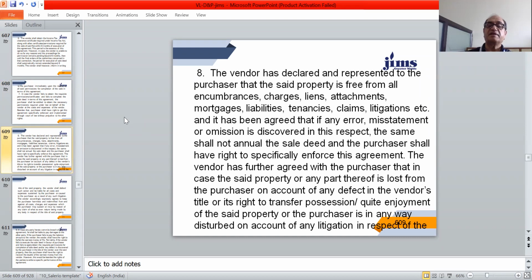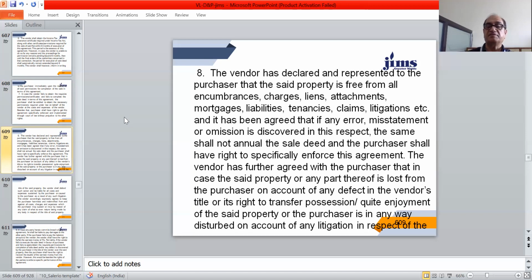And it has been agreed that if any error, misstatement, or omission is discovered in this respect, the same shall not annul the sale deed, and the purchaser shall have right to specifically enforce this agreement.